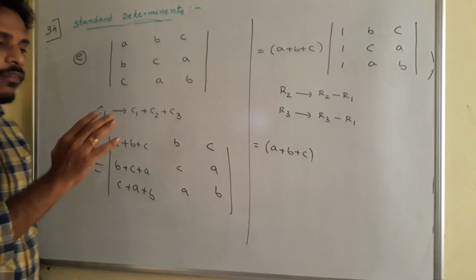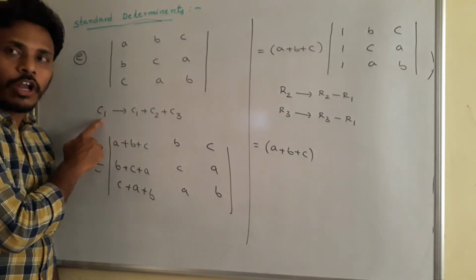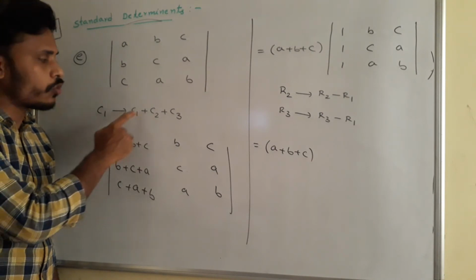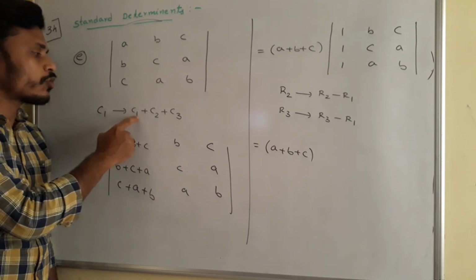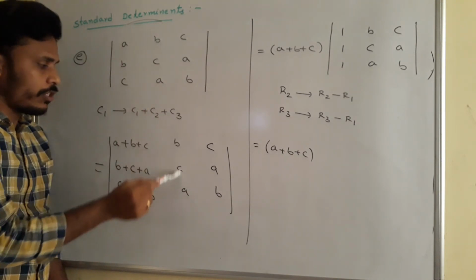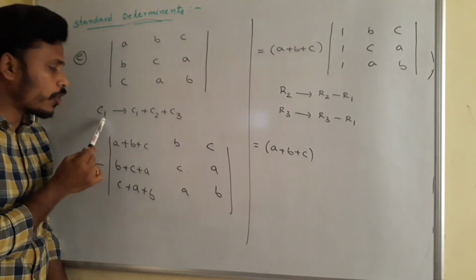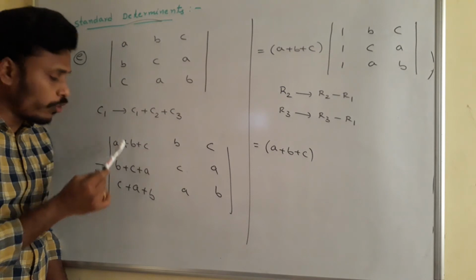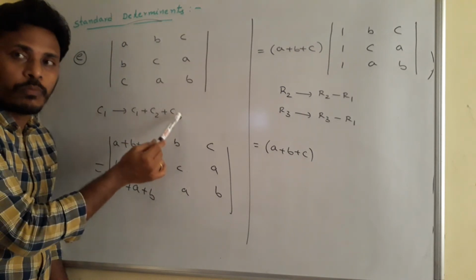To make 1, 1, 1 in one column, my idea is to apply the column operation that column 1 goes to column 1 plus column 2 plus column 3. Since column 1 goes to column 1 plus column 2 plus column 3, column 2 won't change, just like BCA. Column 3 won't change, just like CAB. But column 1 we need to change, and we need to replace the elements of column 1 with column 1 plus column 2 plus column 3.